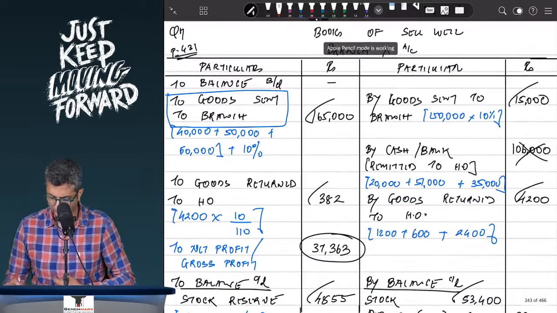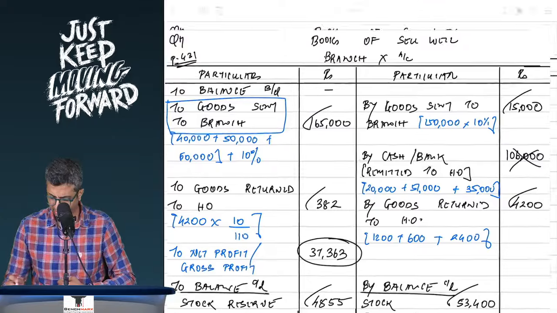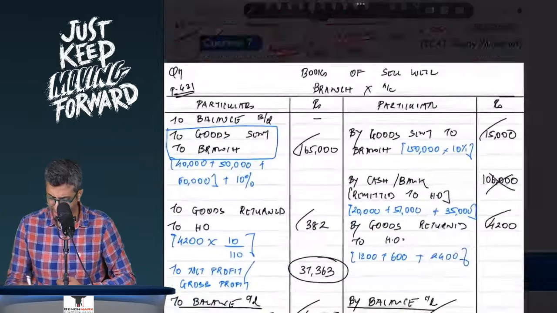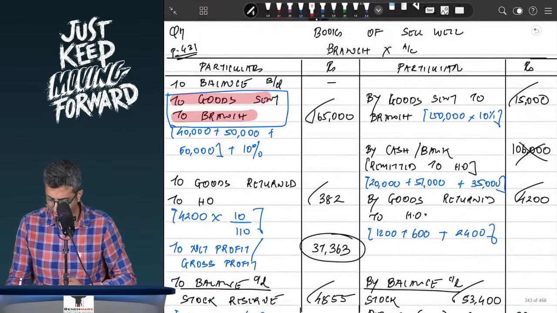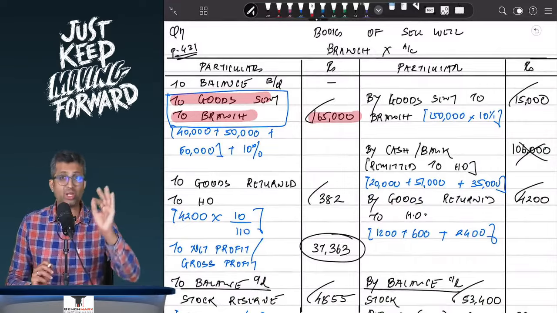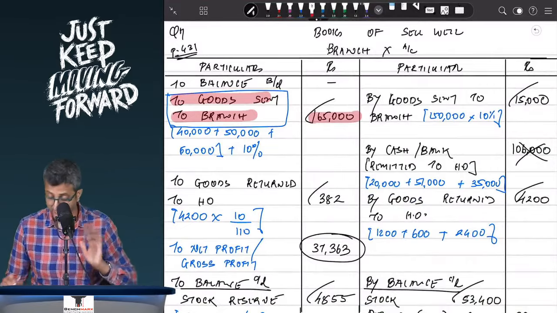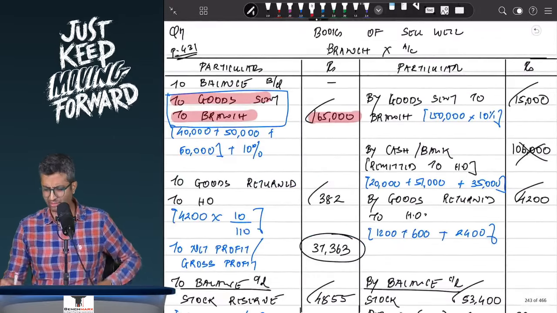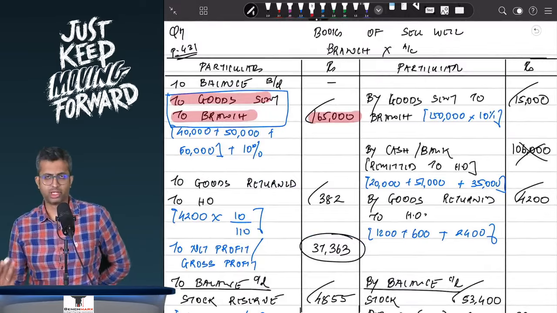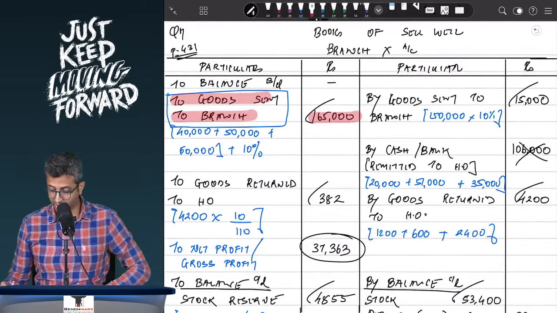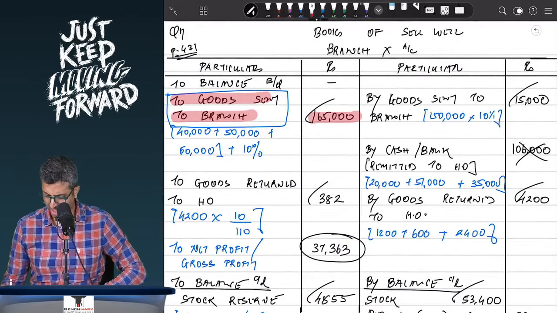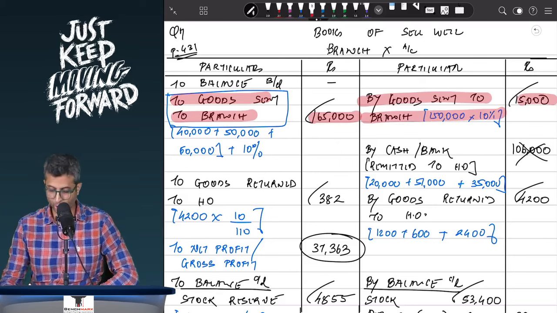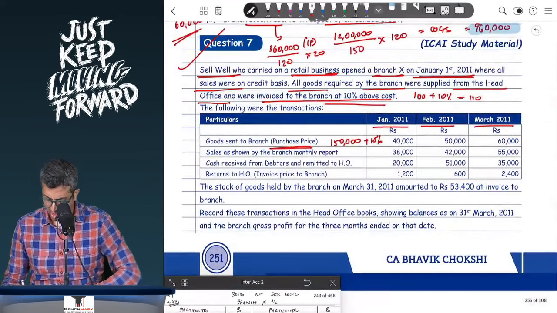So if I look at question number 7, I will see goods sent to branch, a total of 1,65,000, that is 1,50,000 plus 10%, in my branch stock adjustment account. Here you are preparing using the debtors method, in which case you will have goods sent to branch, and the 15,000 loading goes here.